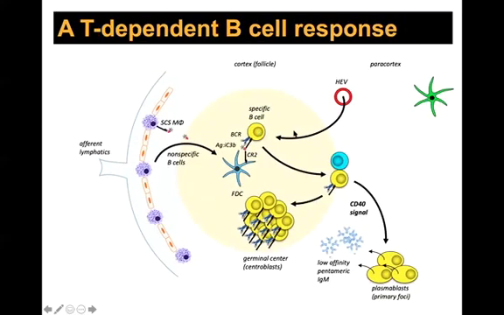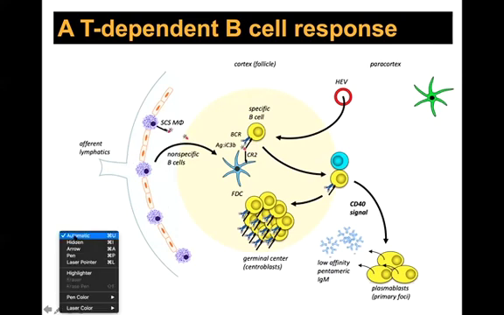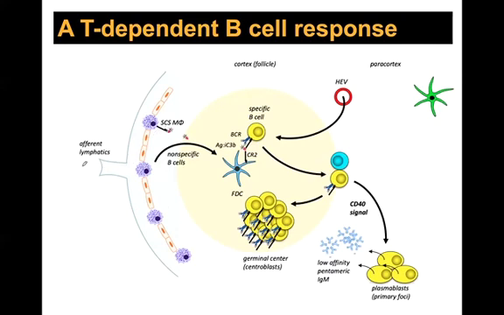And so when we talk about a T-dependent B cell response, we have this idea, right, that the antigen is going to come in through the afferent lymphatics, either on macrophages or through the lymphatics if it's small, get transferred to follicular dendritic cells.